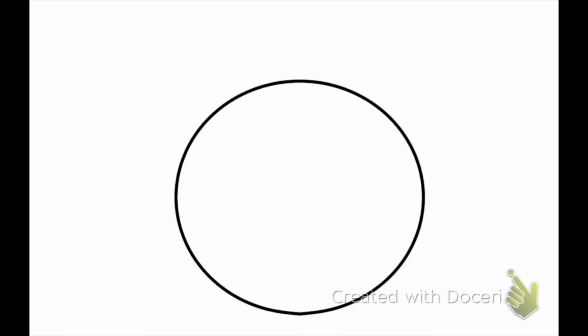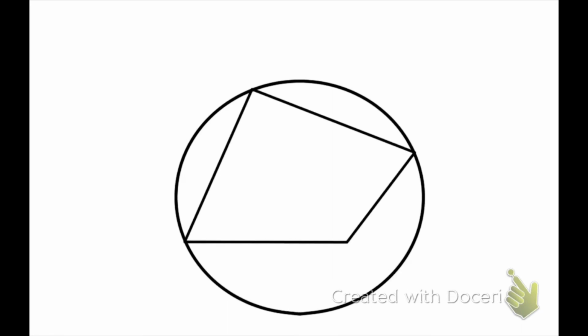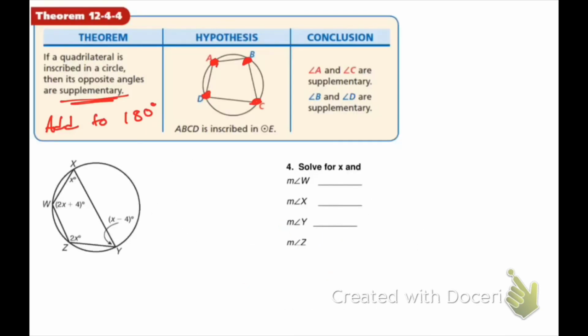You couldn't have something like this. That would not be inscribed because this one does not fall in the circle. If that happens, then your opposite or across angles, they are supplementary, or they add up to 180 degrees. So angle A and angle C are supplementary, angle B and angle D are also supplementary.